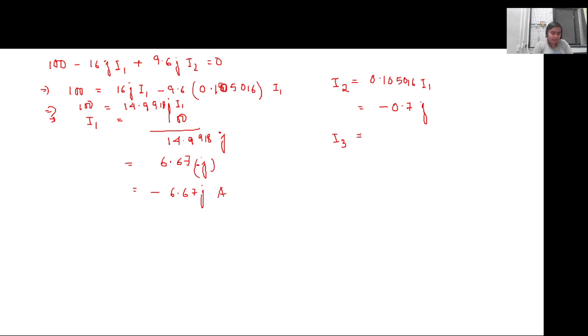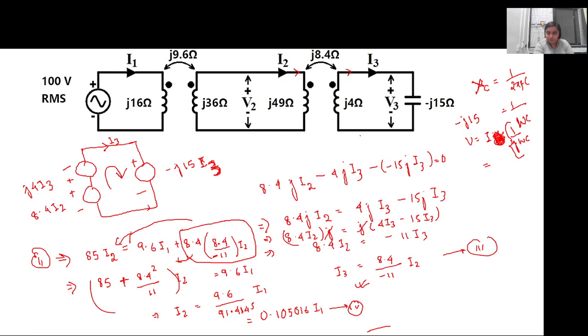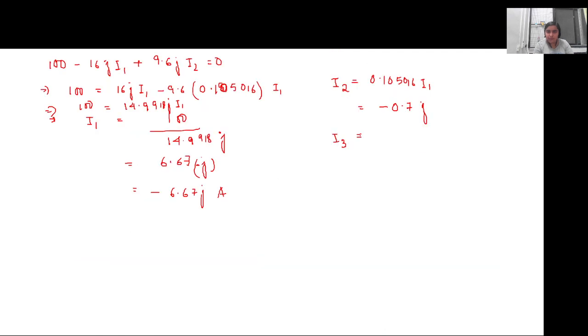Has anyone calculated I3? So into 8.4 by 11, 0.5349.